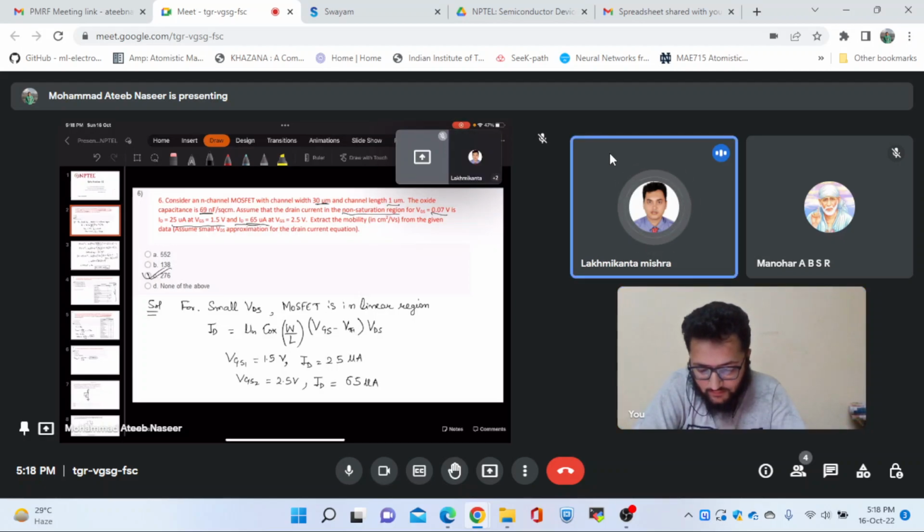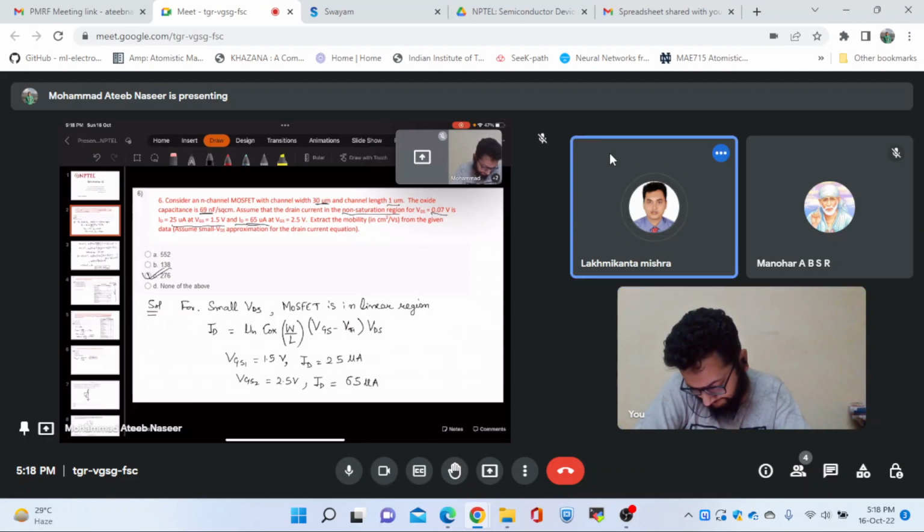Sir, actually, I have solved it in a different way. There was some parameter like gm is equal to mu Cox by L, VGS2 minus VGS1 into VDS. It was from the graph, the ID versus VGS graph, for this question. So from the graph, gm is equal to W into mu Cox by L, VGS2 minus VGS1 into VDS.